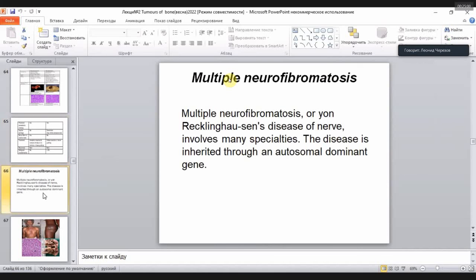Multiple neurofibromatosis. Multiple neurofibromatosis, or Recklinghausen's disease of nerve, involves many specialties. The disease is inherited through the autosomal dominant gene.